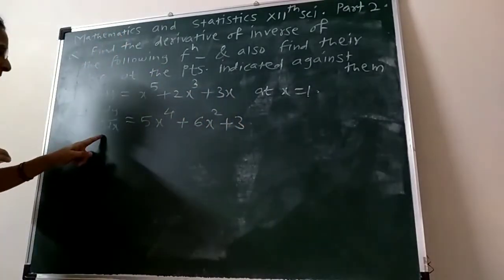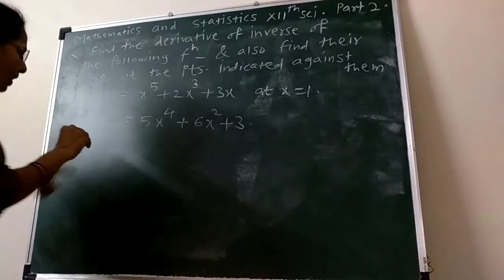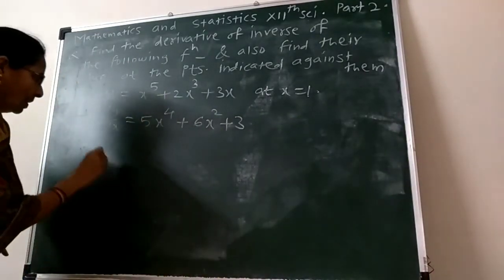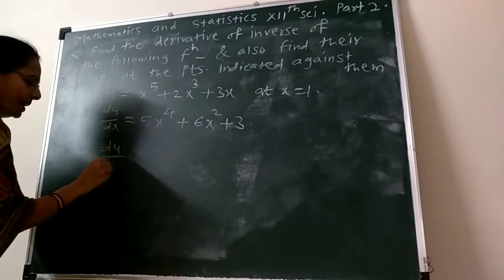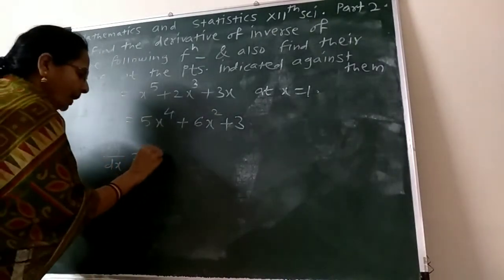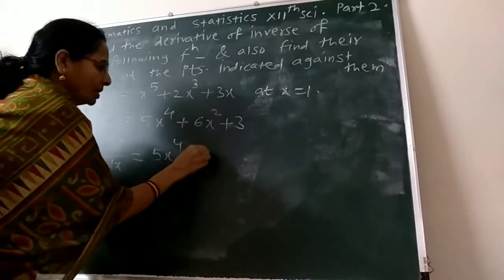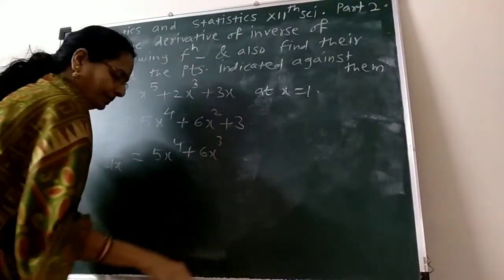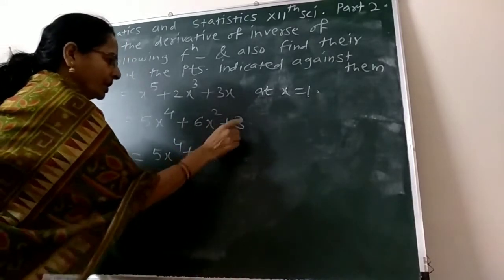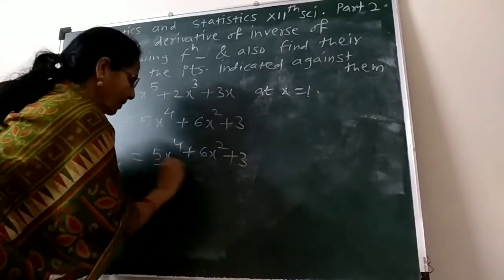This is the value of dy by dx. Also write dx by dy is equal to 5x raised to 4 plus 6x square plus 3.